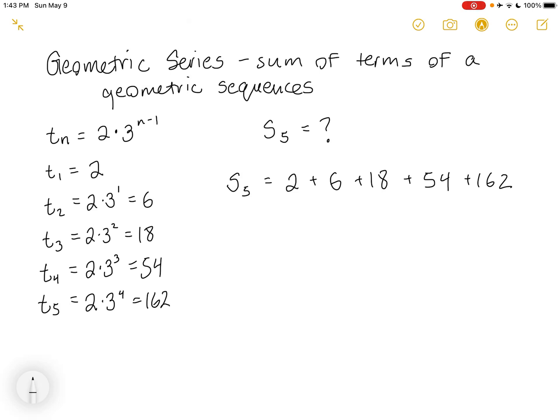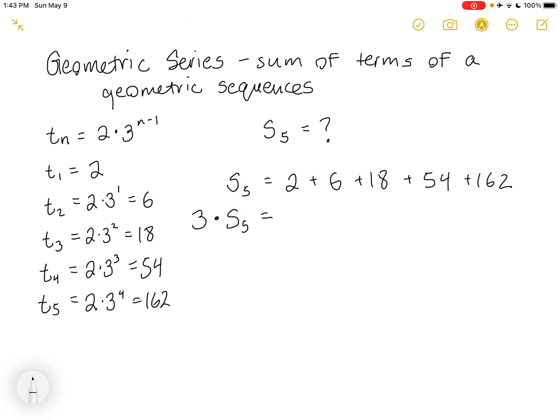So what I'm going to do is multiply this entire line, what I just found for S5, by 3. And 3, remember, happened to be the common ratio. So I'm going to go 3 times S5. That should equal all of these terms multiplied by 3.